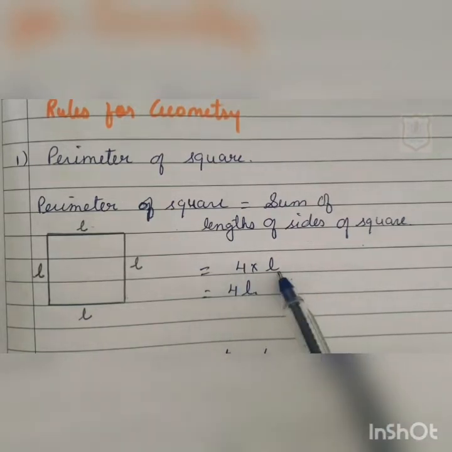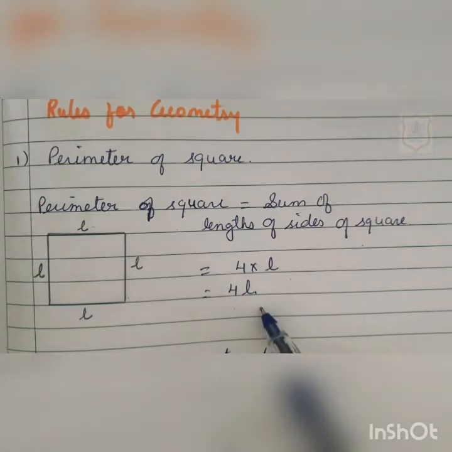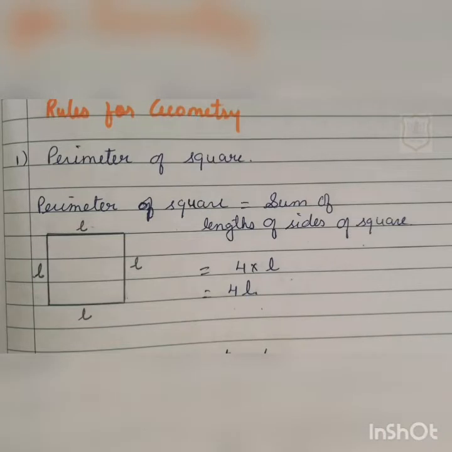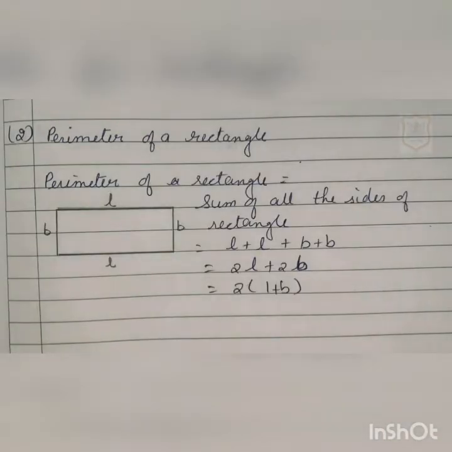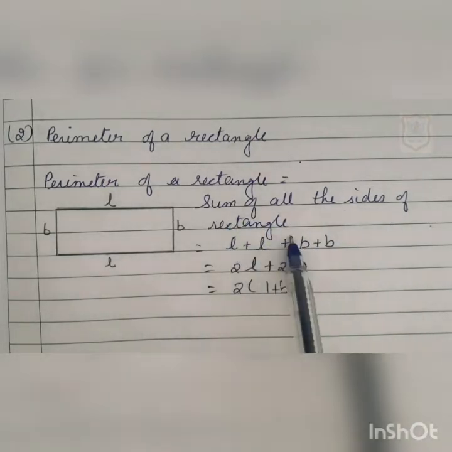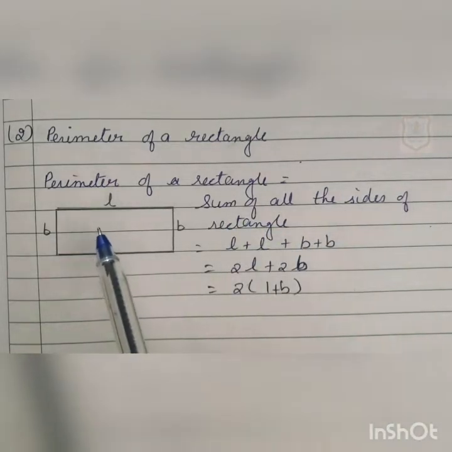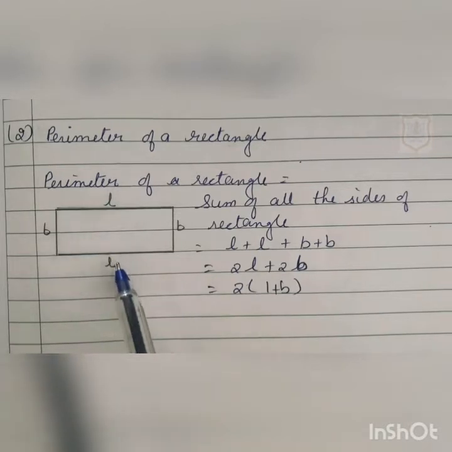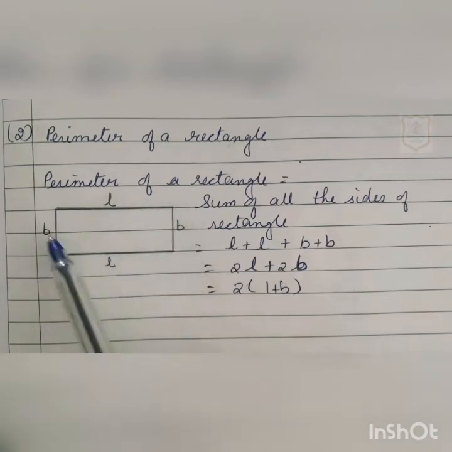Next comes the perimeter of a rectangle. Now children, you all know what a rectangle is. A rectangle has length and breadth. Now this is also the sum of all sides. Both the lengths are of the same size and both the breadths are of the same size.